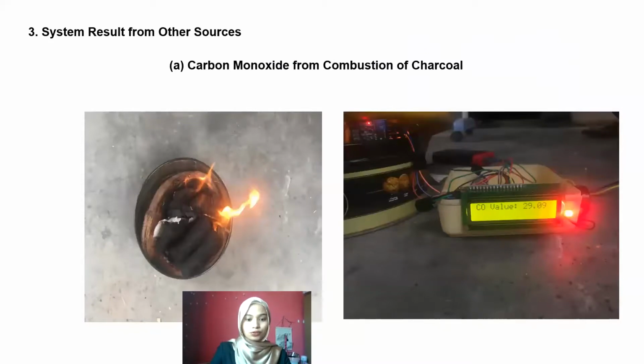So to verify my result, I also do a test for the system result from other sources. The first is charcoal. The result is 29.09 ppm, which can be considered high.